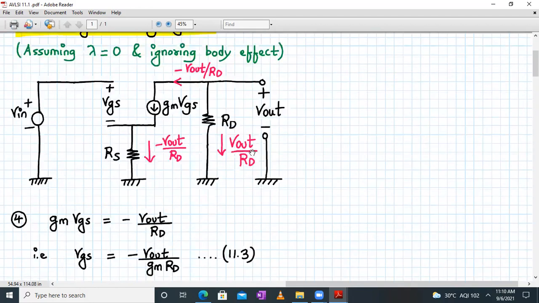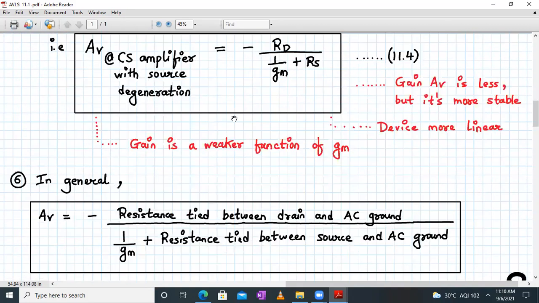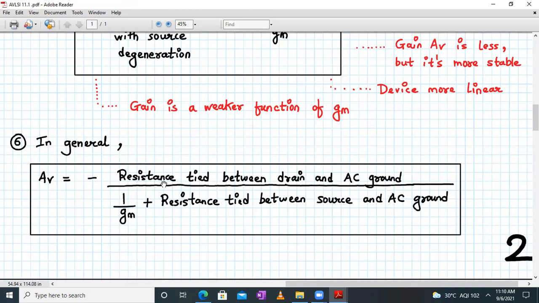So what is the gain formula? The resistance tied between the drain and the AC ground, that is RD, divided by 1 upon gm plus the resistance tied between the source and the AC ground, that is RS. So the formula will be minus of RD upon 1 upon gm plus RS, right? So in general, this is the formula.